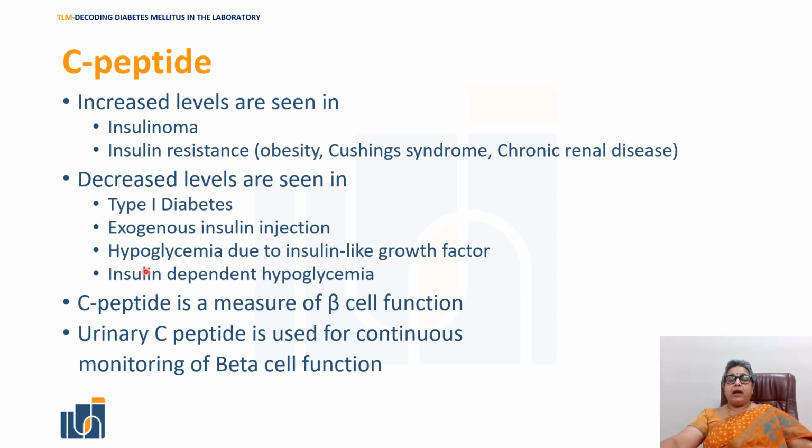Insulin dependent hypoglycemia. Now, in short, if I have to tell you what C-peptide is, it is a measure of beta cell function. If the beta cell is functioning properly and it is secreting insulin, which will be stored in its precursor form, this C-peptide is cleaved from it, and therefore it becomes a surrogate marker of the measure of beta cell function.